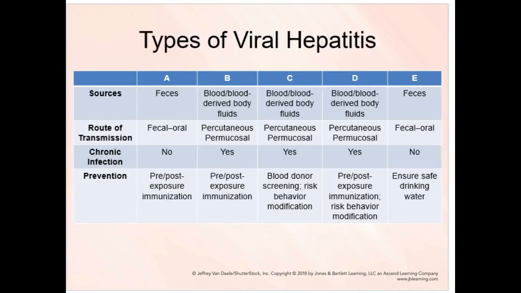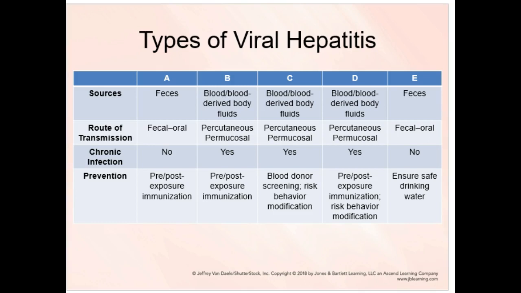Here are the different types. So A and E are fecal oral. They're exactly as they sound. I'm sure you remember from micro, where somebody has not washed their hands and they have prepared your food and you have eaten it. It can also travel in drinking water. So fecal oral transmission.